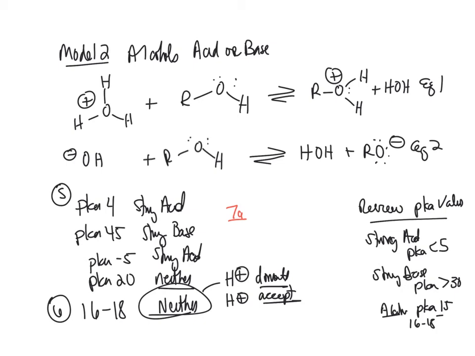So here, this is your alcohol, and your alcohol is actually taking that proton. So there's your acidic proton. So this is going to be your acid. This is going to be your base. And here's your proton. So this is your conjugate acid. And so in equation 1, the alcohol acts as a base.